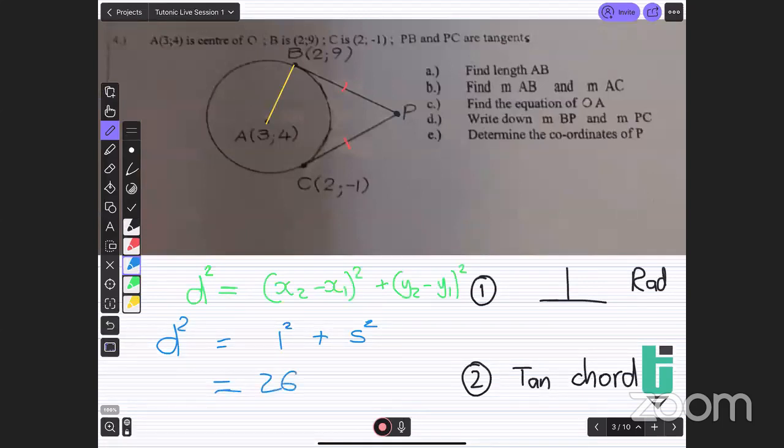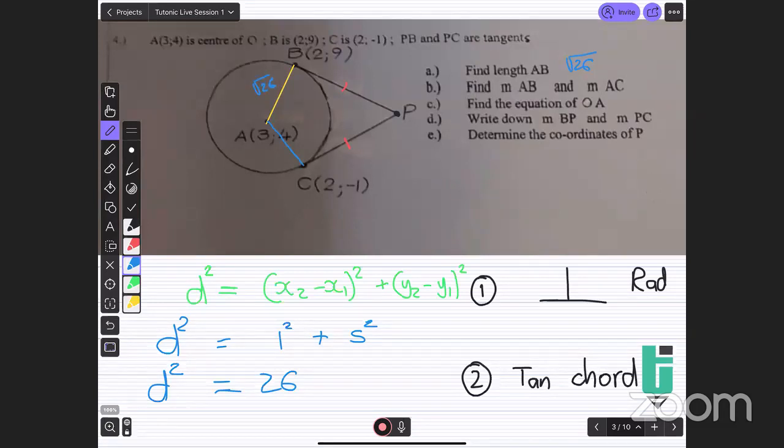And therefore the distance is? Root of 26. Yeah, 2 root 13, I think. No. Root 26, just simplify that. Everybody understand that? Yes. So root 26, this is the radius of the circle. That's essentially what they're asking you to find, right?